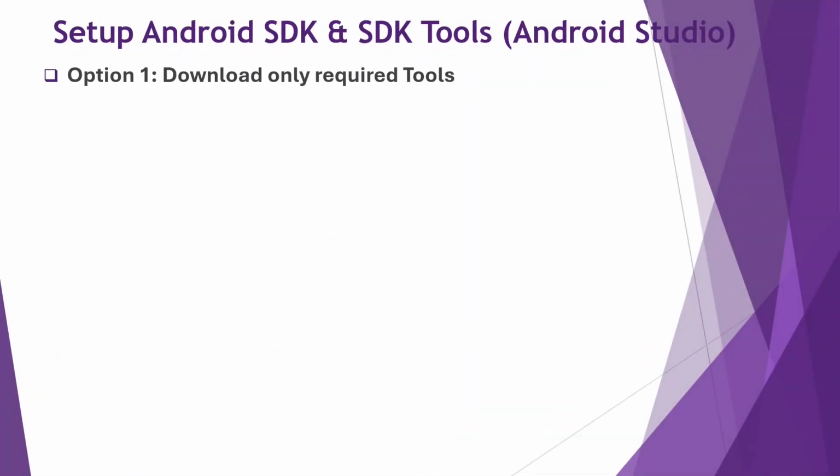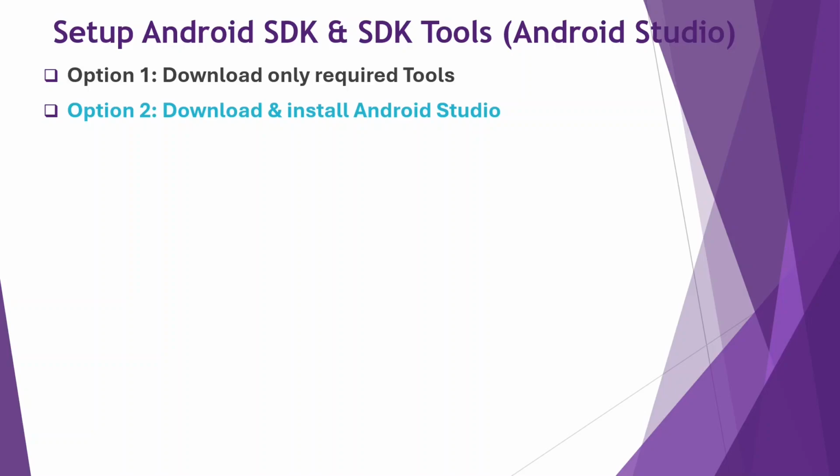Our next step is to download or set up Android SDK and SDK tools. There are two options. First option is you can simply download only the required tools for your Android automation.